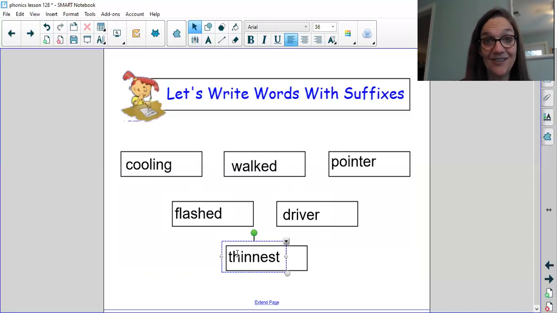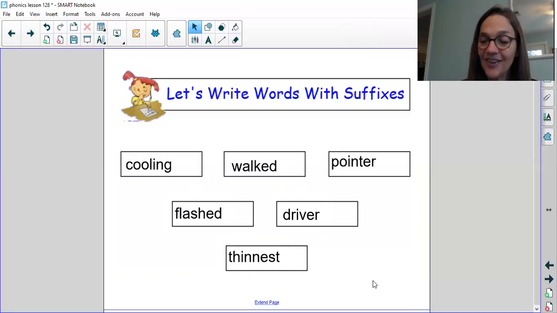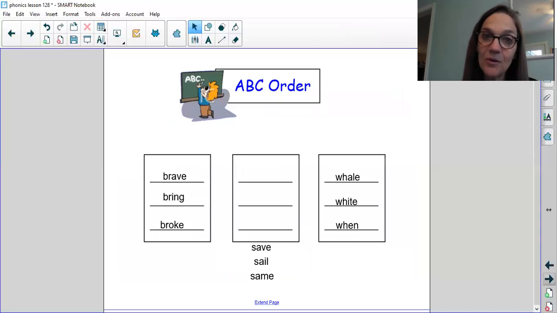T-H-I-N-N-E-S-T. We did have to double the final consonant here because the root word had a short vowel. There weren't already two consonants at the end, and the suffix we were adding on began with a vowel. Okay? If you didn't do that one correctly, pause the video and do it.